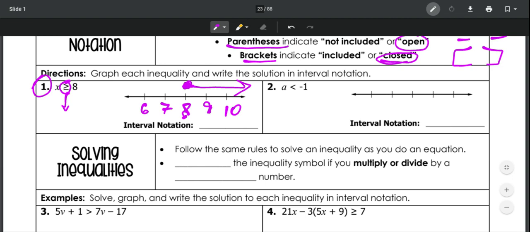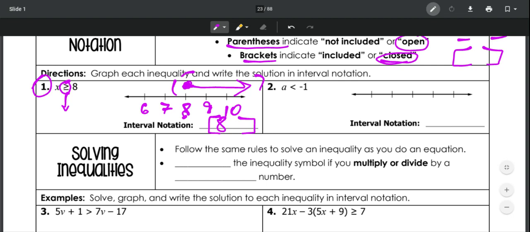Then our interval notation would be this. We know that we're going to use brackets because it's closed, because of the line under the inequality symbol. If we look at our graph here, it starts at 8, so that's where we're going to start.